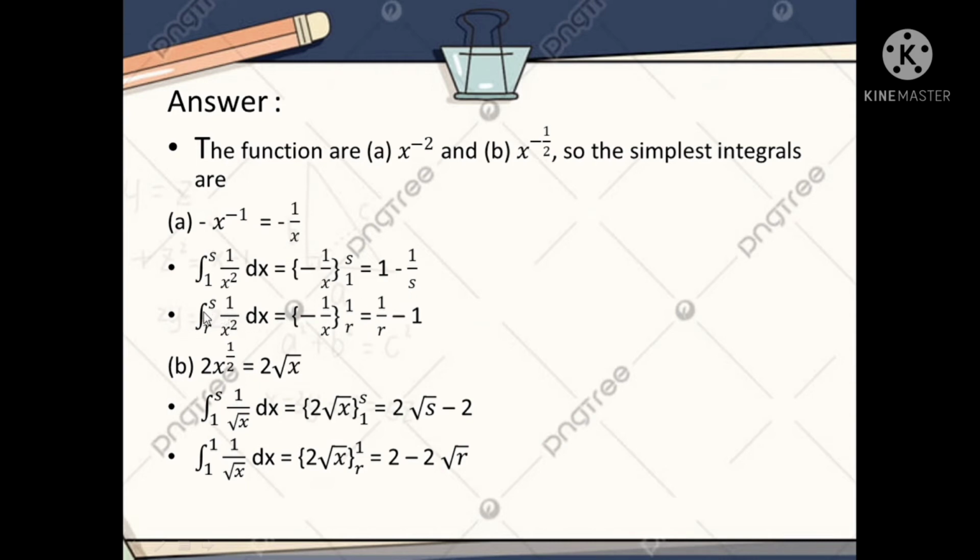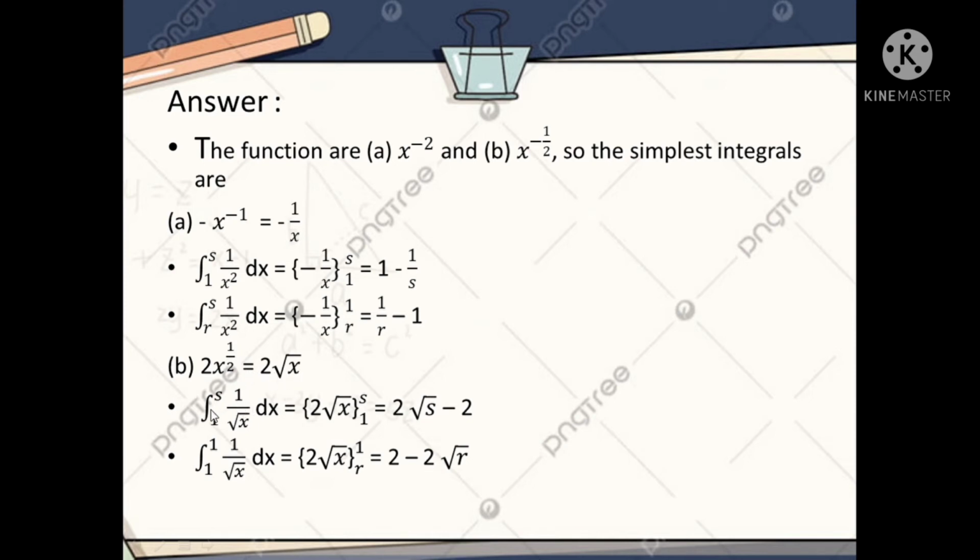and the integral from r to 1 of 1 over x squared dx equals minus 1 over x from r to 1, equals 1 over r minus 1. For x to the power of minus 1 over 2, the integral is 2x to the power of 1 over 2, equals 2 root x.